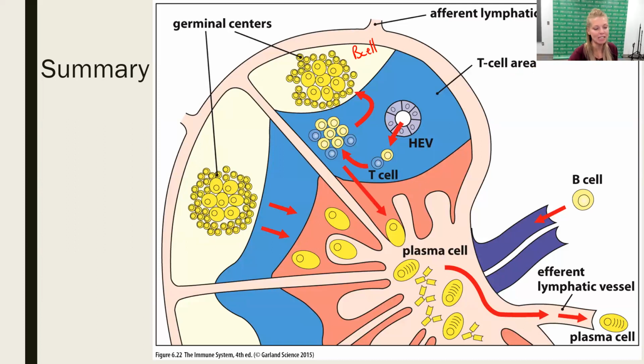So anyway, just a review to show this is where the B cells are going through somatic hypermutation, affinity maturation, and then when the best of the best get picked, they get moved to produce antibody, and eventually some of them will go to the bone marrow to produce antibody systemically.